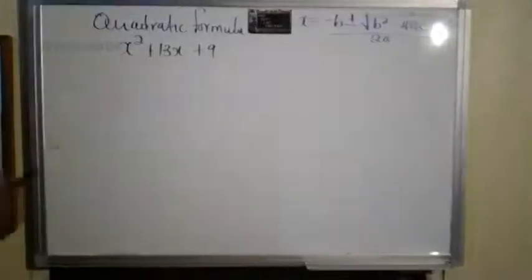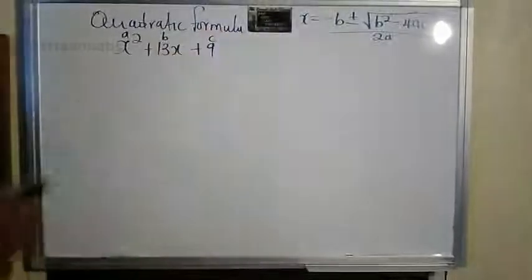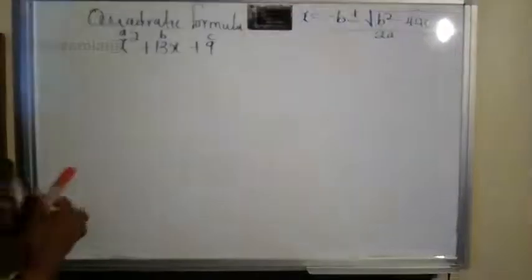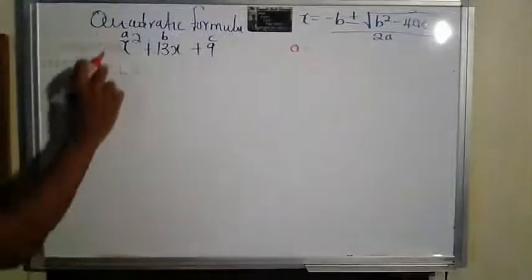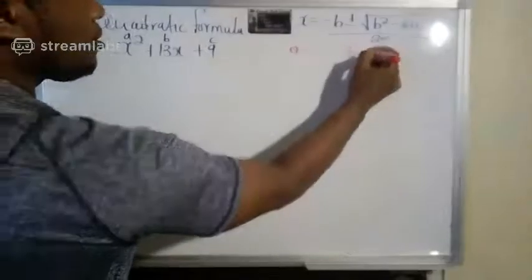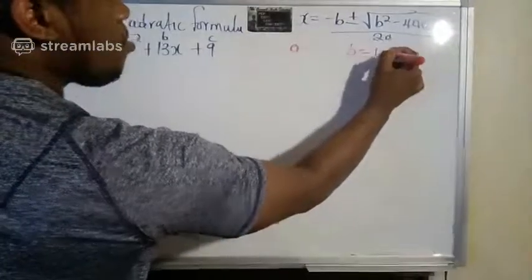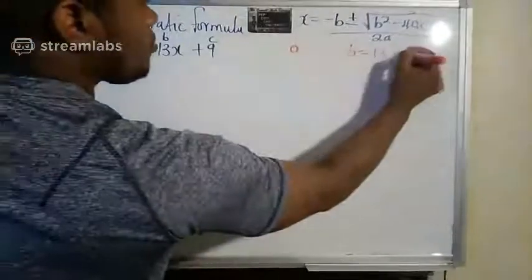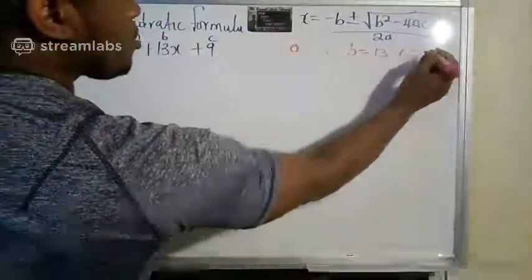So first, a, b, c. For a, we just take the coefficient, the number in front of x squared, that will be 1. B will be 13. And C will be 9. Oh, we're going to change this to negative 9.